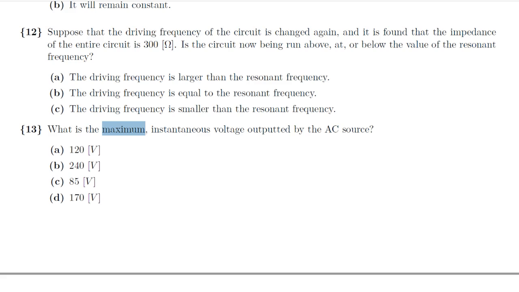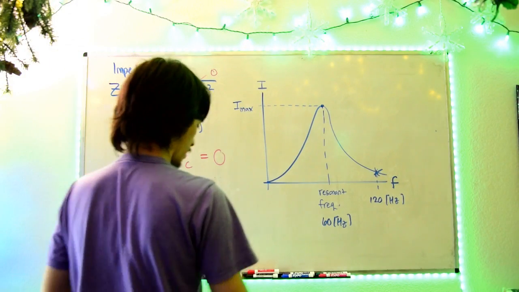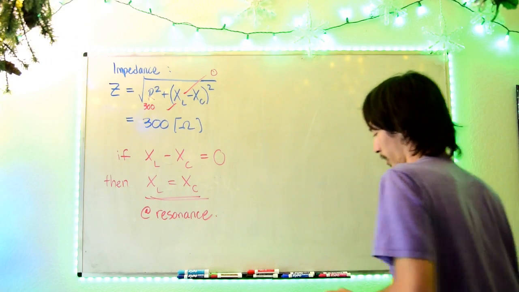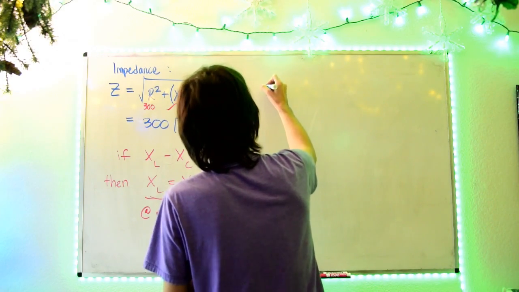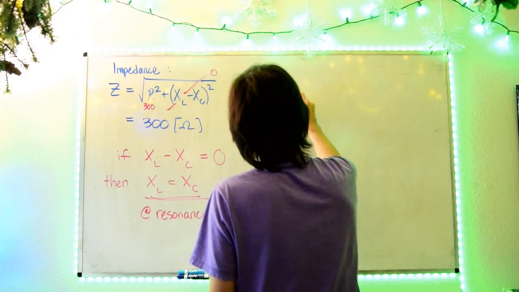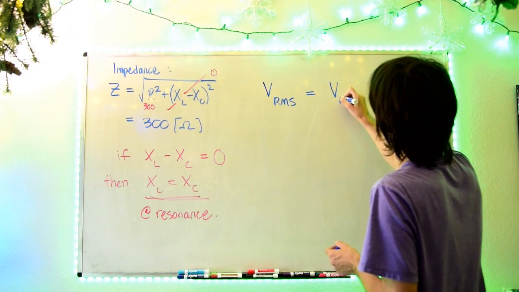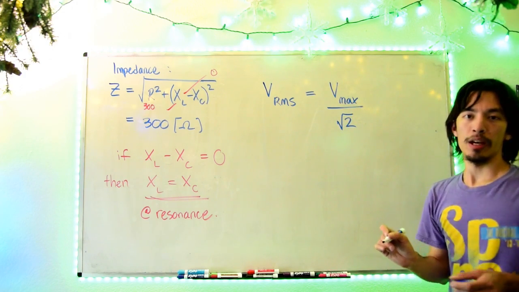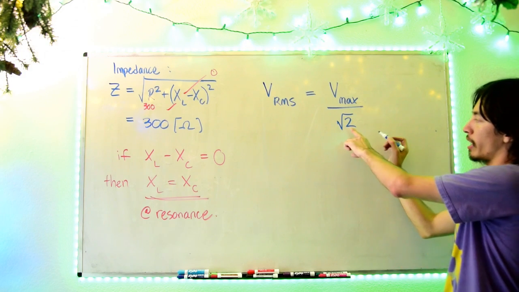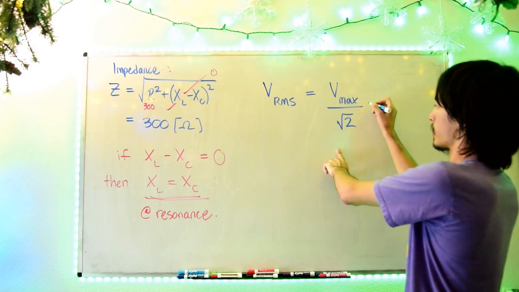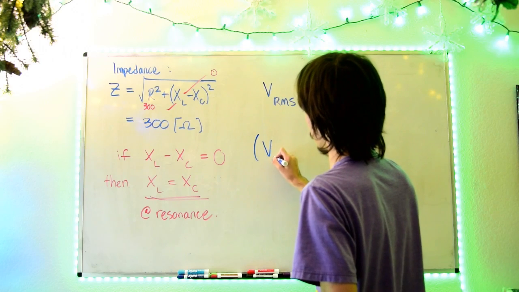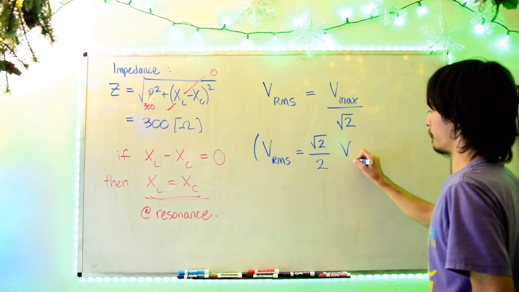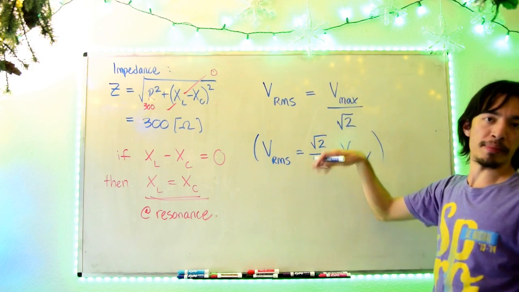So the very simple relation for that is that the RMS value of anything, so in this case voltage RMS, is the voltage maximum or peak divided by the square root of 2. Or this is the same thing as writing V RMS equals square root of 2 over 2 V max. They're both the same thing.